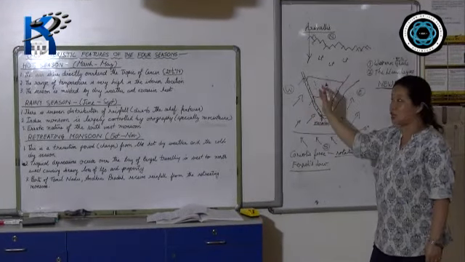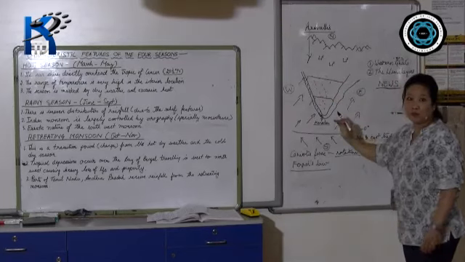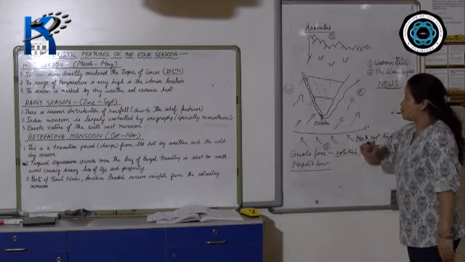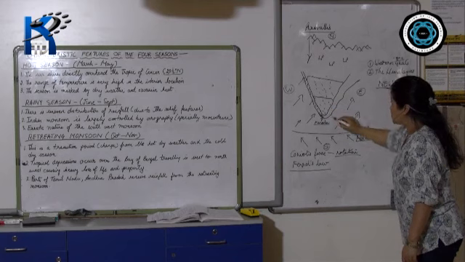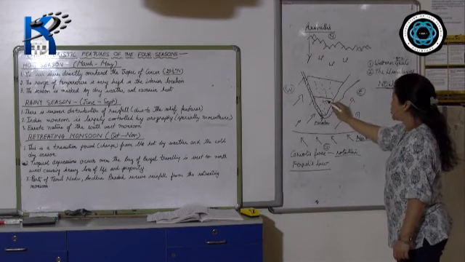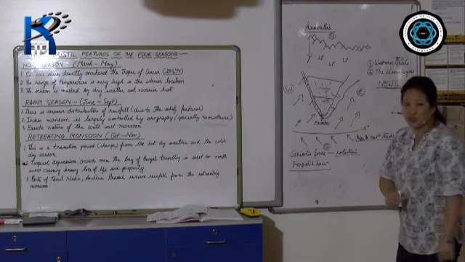Leeward side means the rain shadow, the opposite side of the hill or a structure where the rainfall becomes less. Little by little the rainfall gets deposited, and by the time the winds reach here, the winds are almost dry.